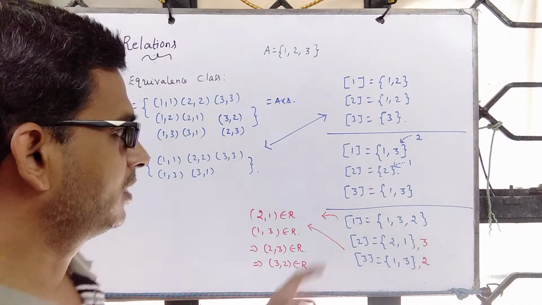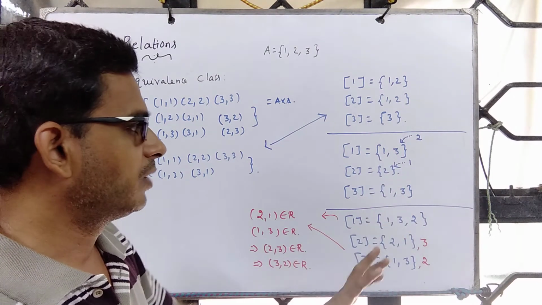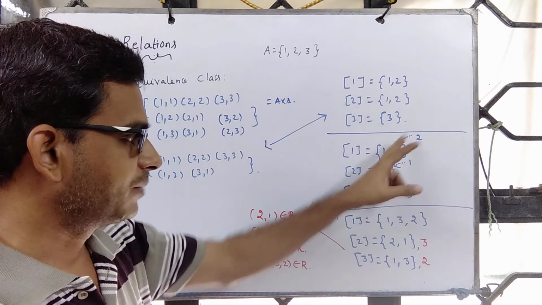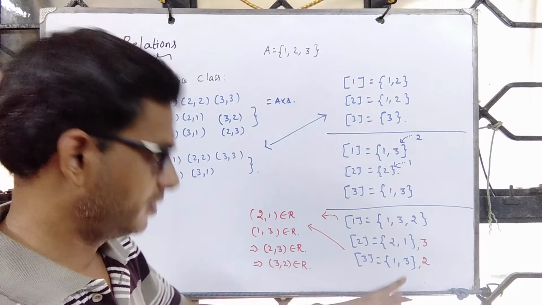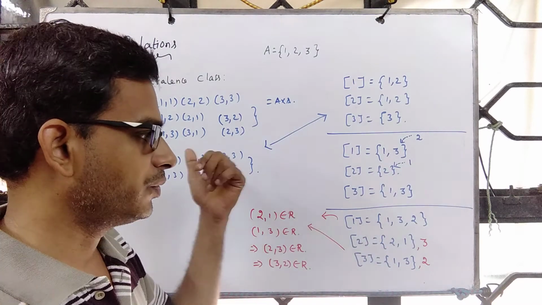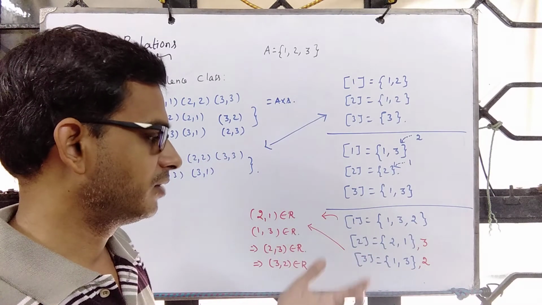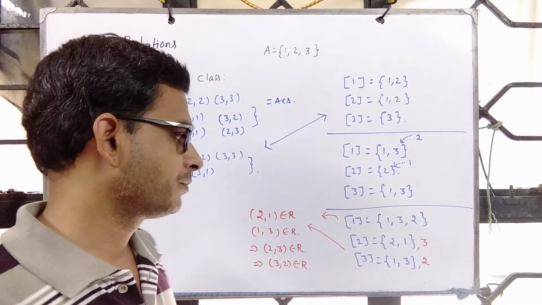That's the message. It is a set of sets: {1, 3}, {2}, {1, 3}. Now you try adding something and it becomes {1, 3, 2}, {2, 1}, and {1, 3}. This is also a set of sets, and this corresponds to a relation. The question is, does this correspond to an equivalence relation or not?